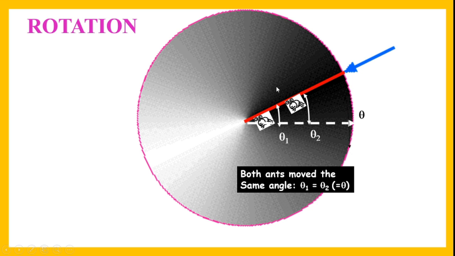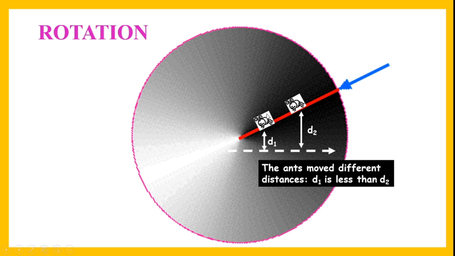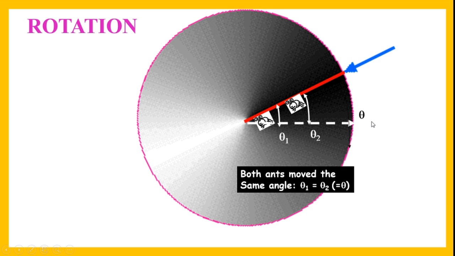What I want to say is that we can explain rotation by the distance travelled by these objects, but it is better to explain any rotation with angle. How much angle has the object moved from its initial position?